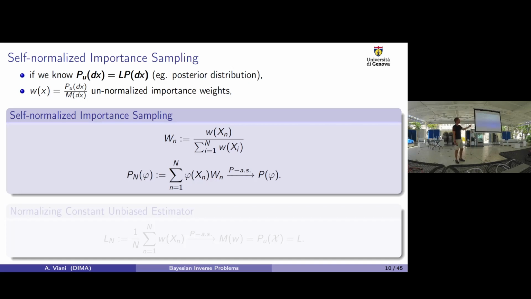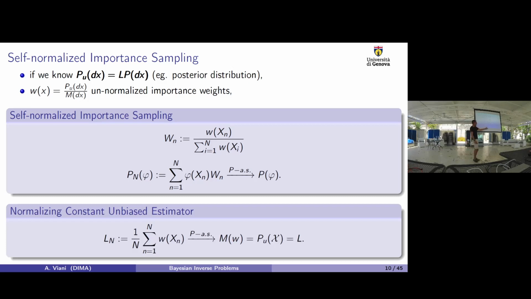And this, that is called the self-normalized importance sampling, is so useful because it also gives us the possibility to evaluate the normalizing constant. Why? Because if we take the sum of the weights, that sum converges to the integral of w with respect to the new measure, the importance measure that we introduced.